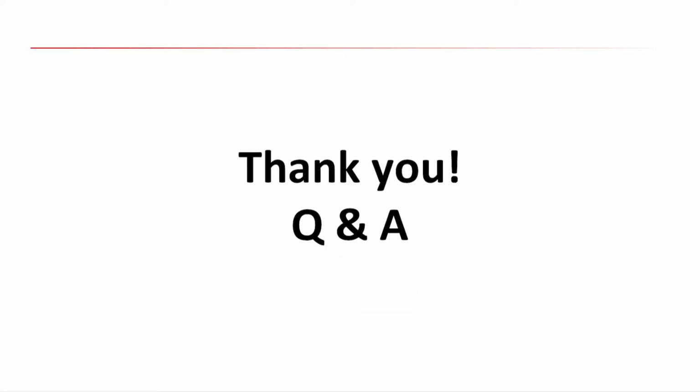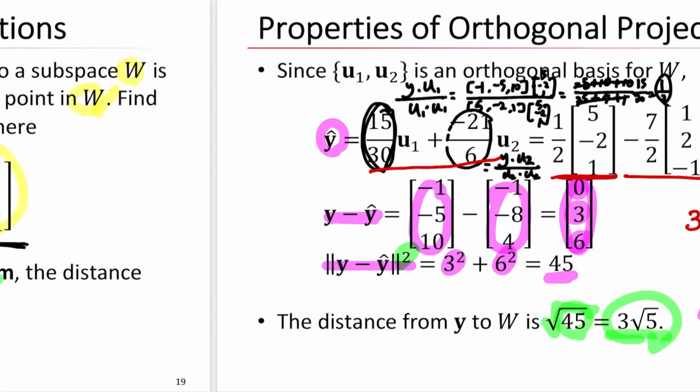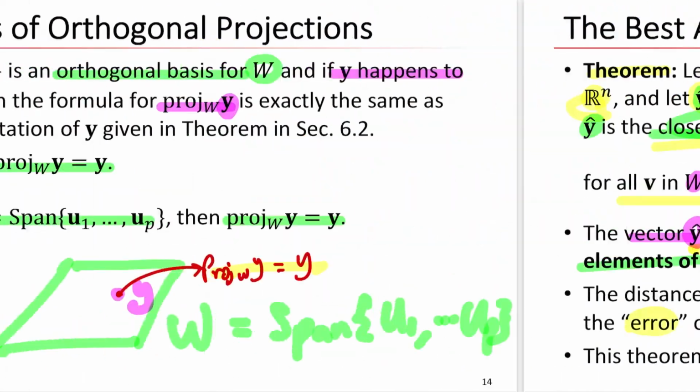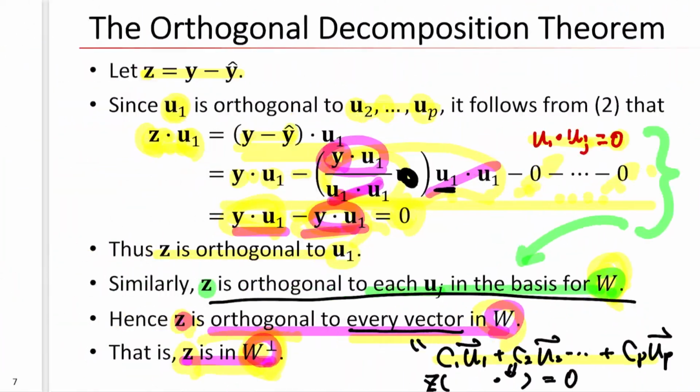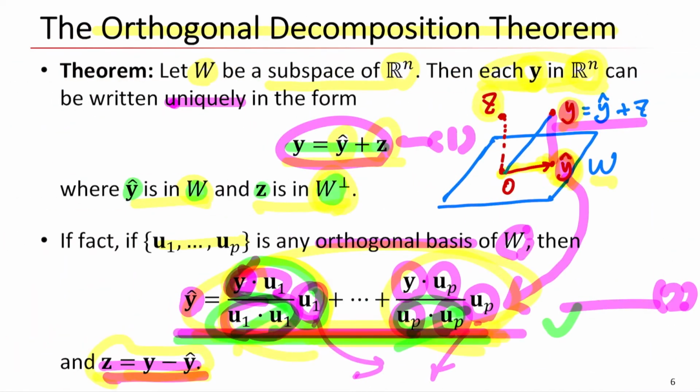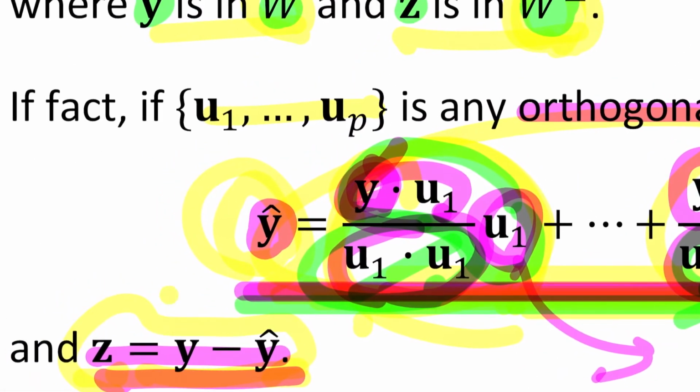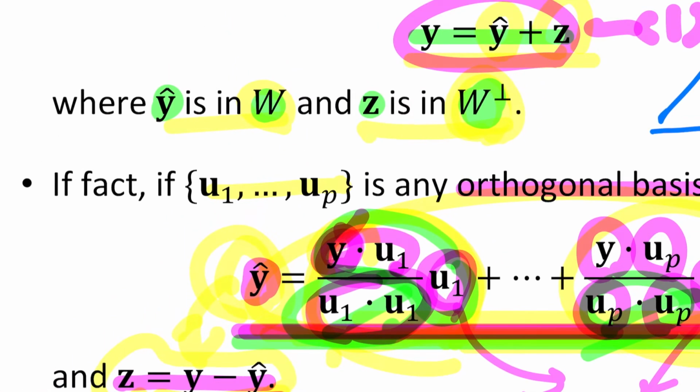So if we go back to lecture 10, here, right? If you find the y hat, the orthogonal projection of y onto W, we can just find z as y minus y hat, right? By using this one, right?